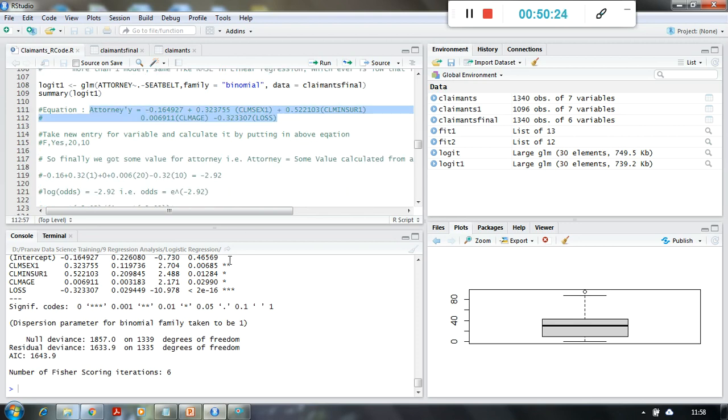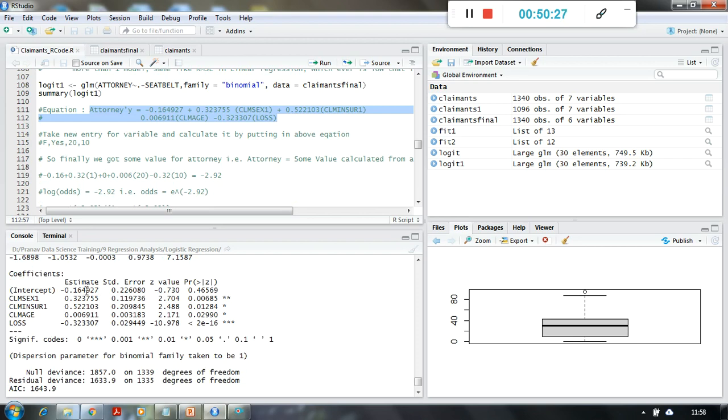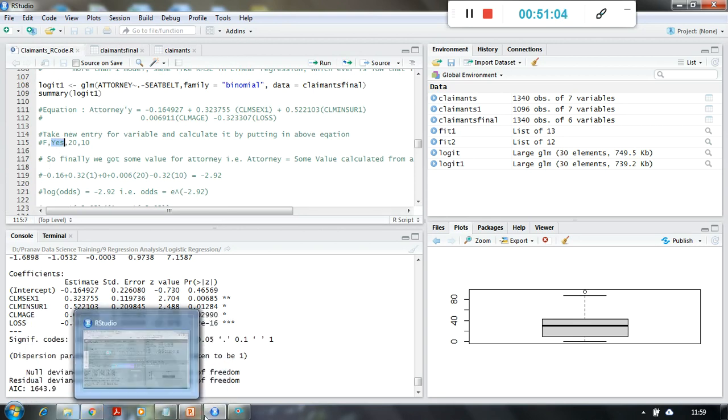Now this is going to be my equation for this particular model. You can see here minus 0.164927, 0.323755 into Clements X. So this equation is ready now. Now let us take an example. Suppose a new entry with all these inputs is coming, and I want to predict the output for this one, that is for this female whose driver is not insured, yes means what?